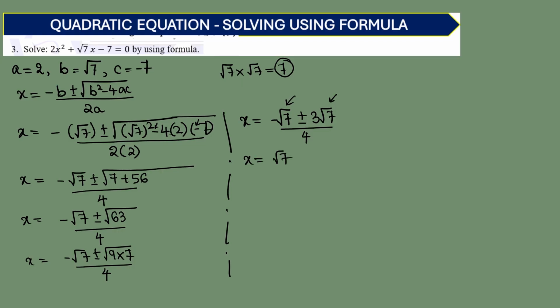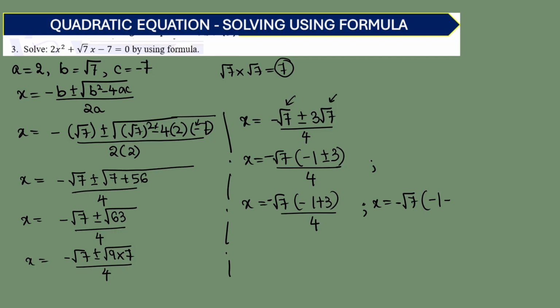So what will be the value of x? Under root of 7, if we take common, we are left with minus 1 plus minus 3 upon 4. Correct? And from here we can say x is equal to minus root 7 minus 1 plus 3 upon 4, or x is equal to minus root 7, minus 1, minus 3 upon 4, isn't it?